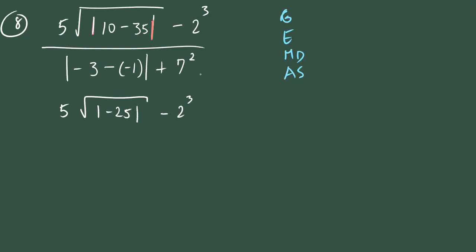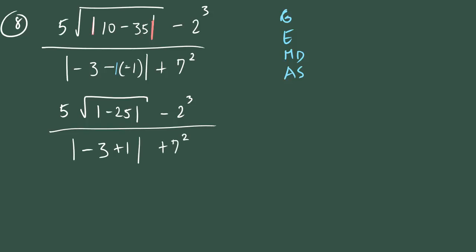You could have also done the 2 to the cube first, but just keep the mechanics of it, following the GEMDAS. Now let's do this absolute value inside for the bottom part. So absolute value of -3, and recall that here you have like a phantom 1 here. So -1 times -1 should be a positive 1, close absolute value, plus 7 squared.